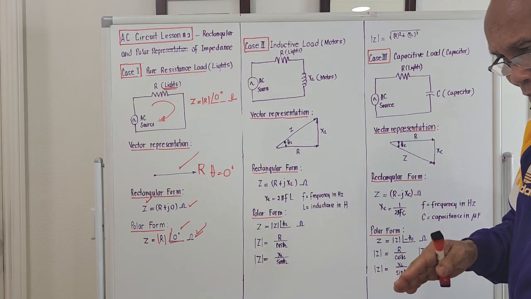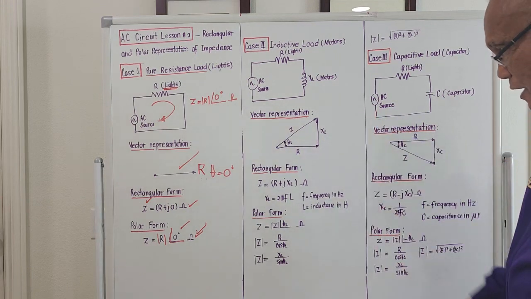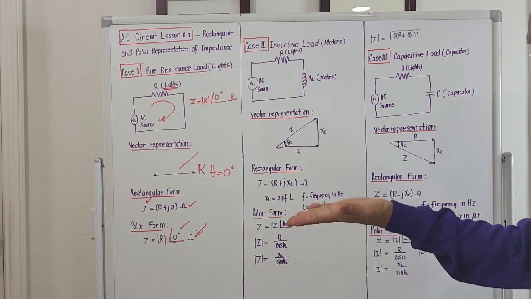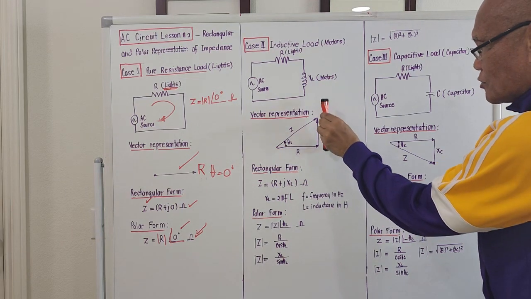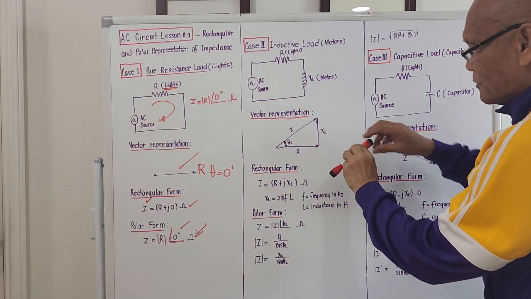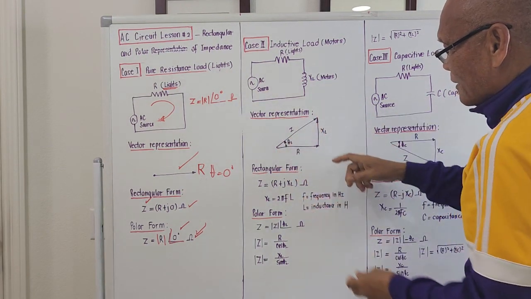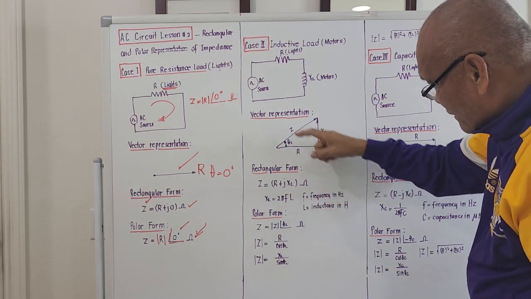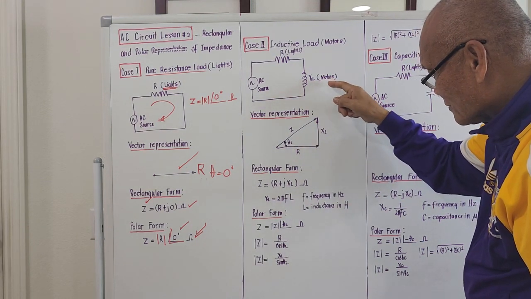What we learned for the sine and cosine functions, we apply here. So for case number 2, there is a right triangle. This is R, this is XL, and the hypotenuse is the impedance. The angle between R and Z is theta L, the subscript L meaning for motor loads.